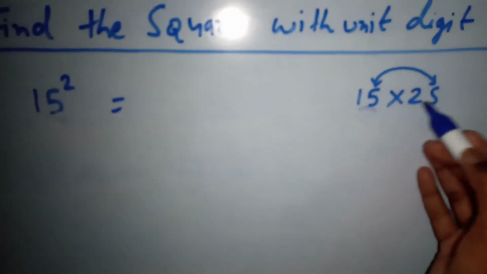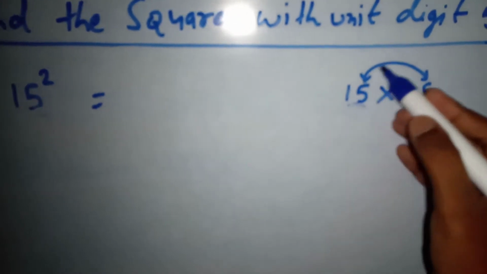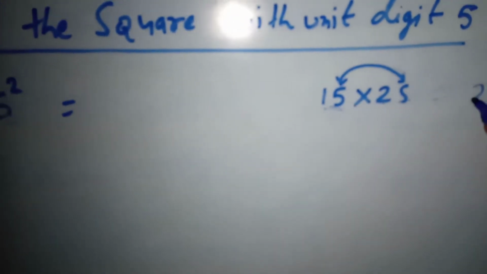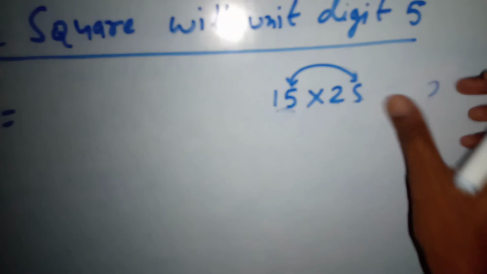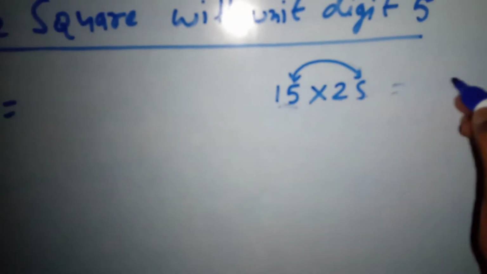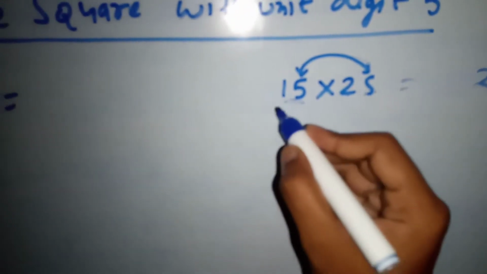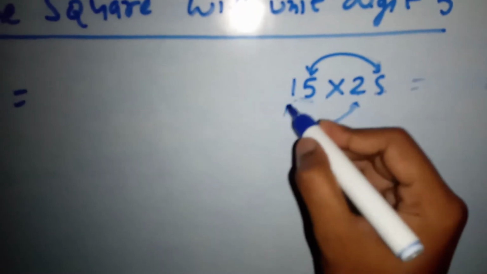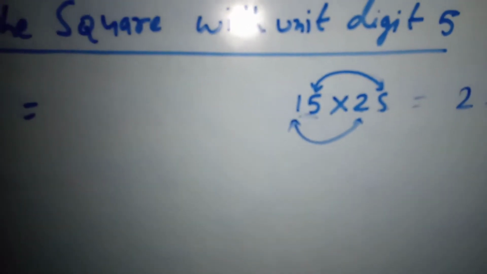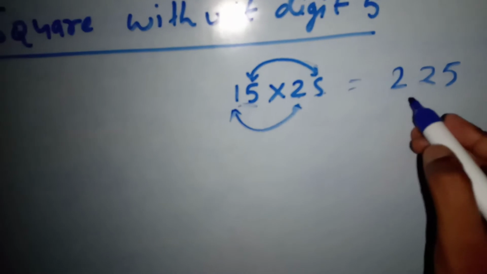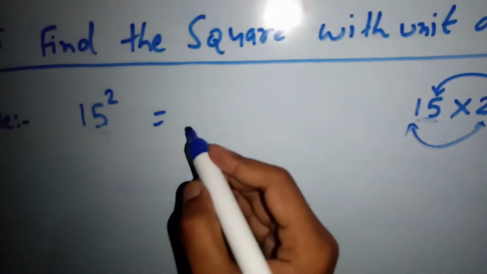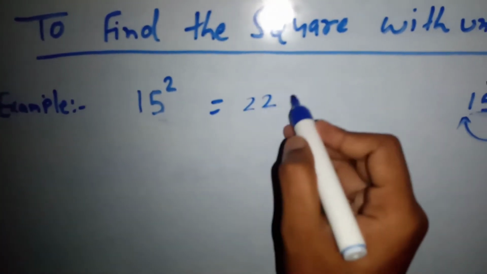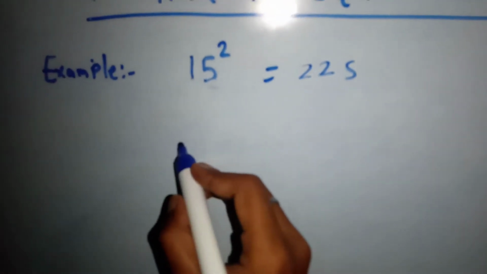So 1 into 2 is 2, and 5 into 5 equals 25. So 15 square is 225. Let us see more examples.